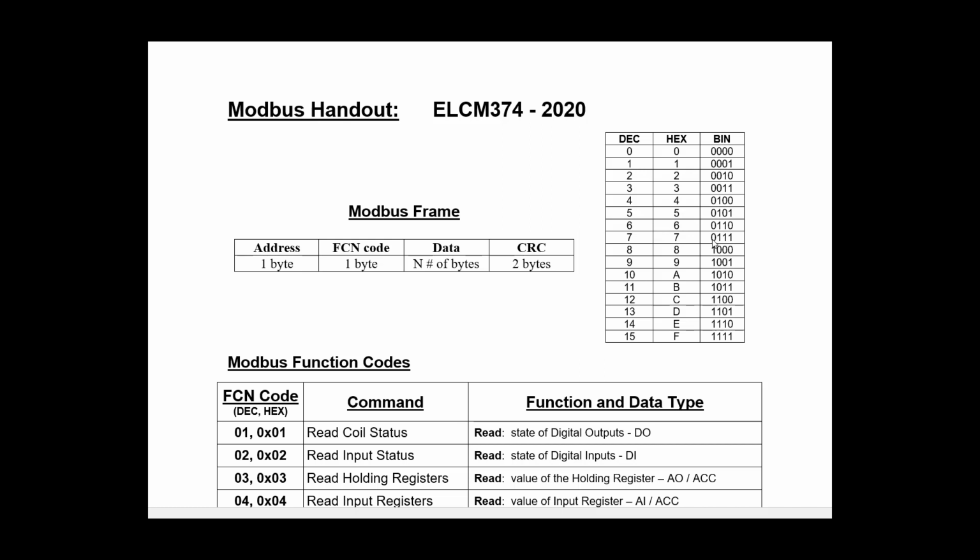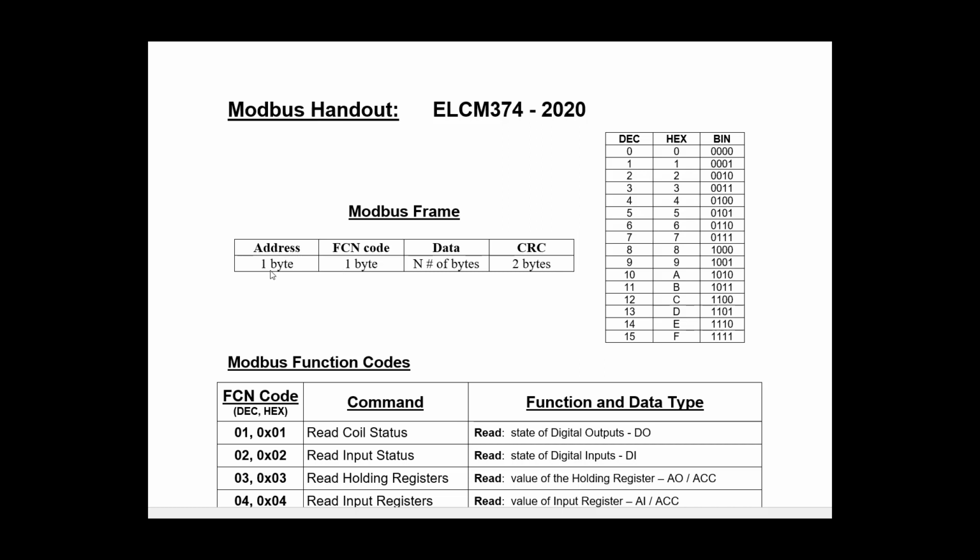Now over here we've just given you a table to help in any of your hex or decimal conversions from binary or to binary. When we think of a 1 byte value, we don't generally express or communicate that 1 byte value as all the ones and zeros that make up the message. Not only does that take a lot more to communicate, it's also much more prone to error.